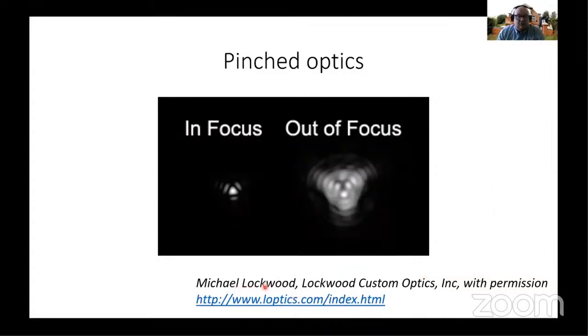And again, Michael Lockwood, who has lots of information on the internet about aberrations, allowed me to use this image, and he says if you've got good focus and good collimation, and you've got triangular distortion, it's pinched optics.